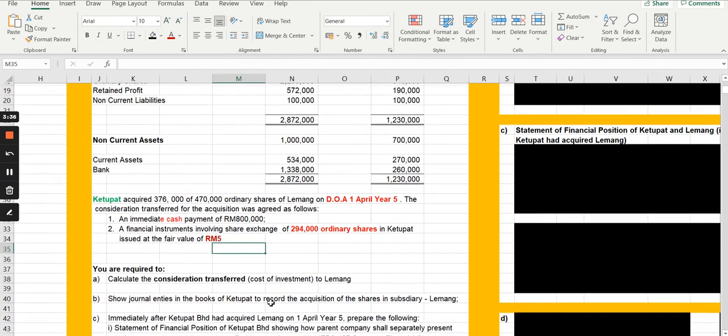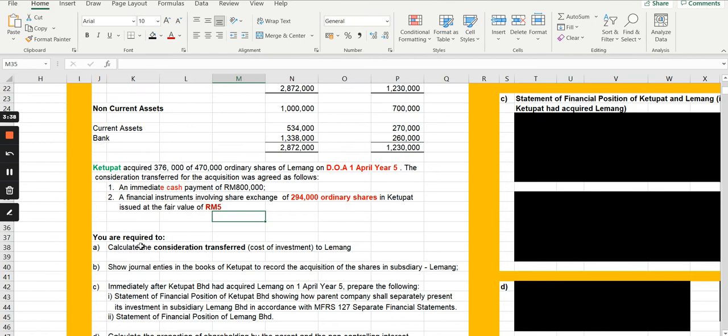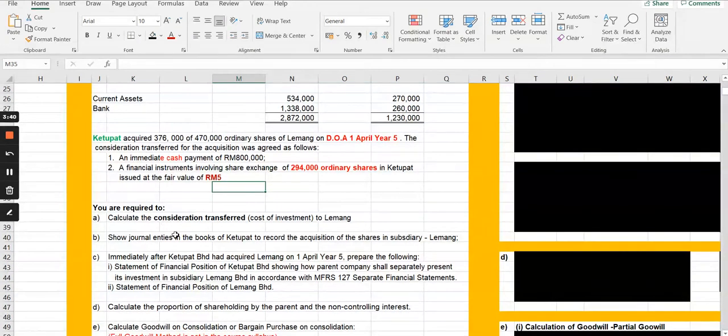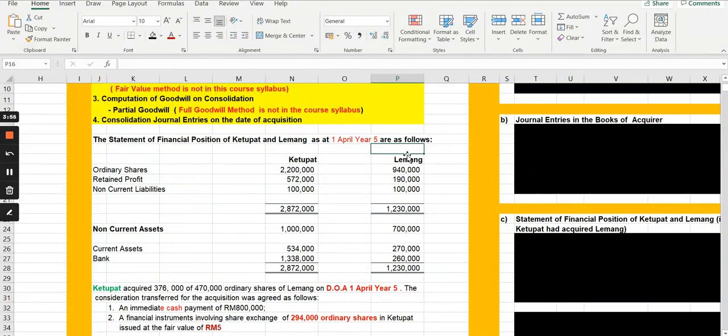Okay, so most of the information I've highlighted. So we're going to learn how to calculate the consideration transferred to Lemang, which is the subsidiary. So Lemang is your subsidiary. So Ketupat is your parent. So therefore Lemang is your subsidiary. So you can just put here subsidiary so that you won't make mistakes, right?